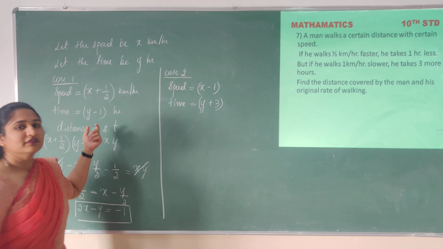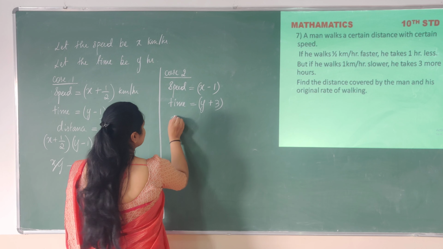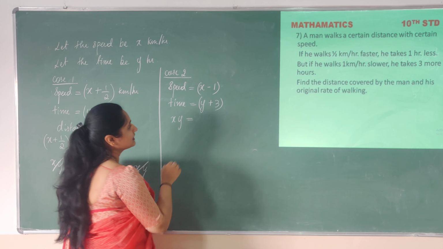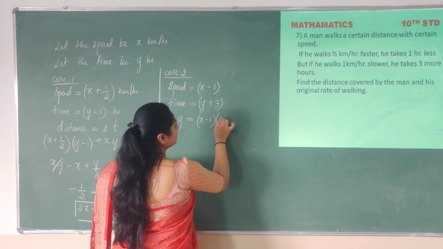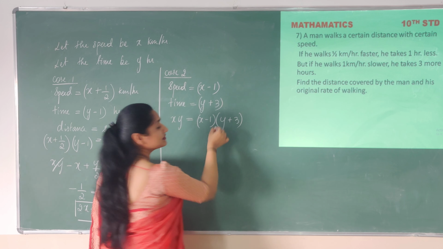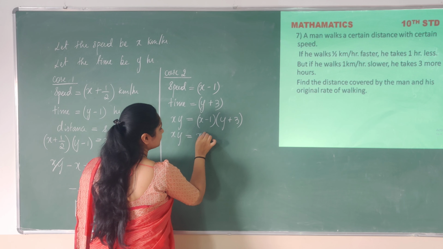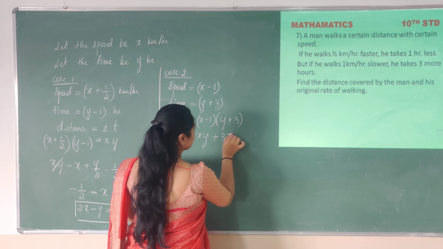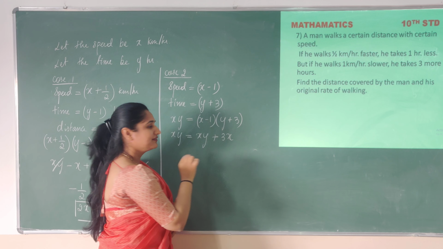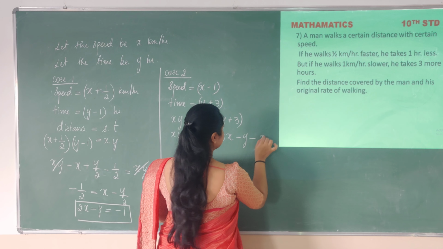The same thing whatever we have done here, we will do to find equation 2. xy, which is the distance, is equal to speed into time, so x minus 1 into y plus 3. We simplify this: xy equals x into y plus x into 3, which is 3x, minus 1 into y, which is minus y, minus 1 into 3, which is minus 3.